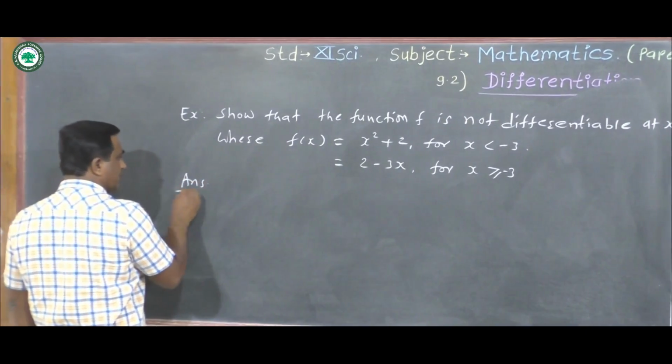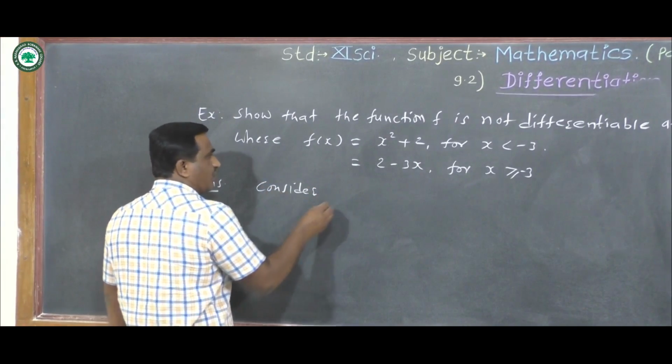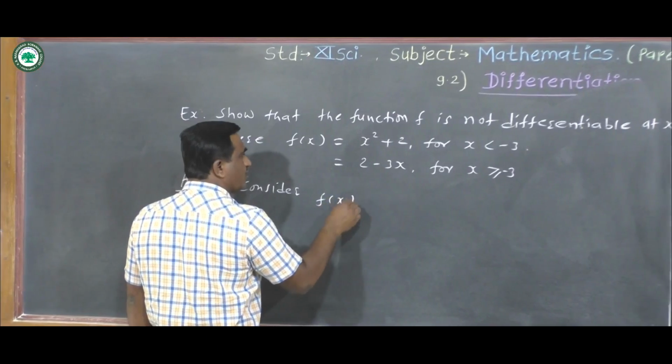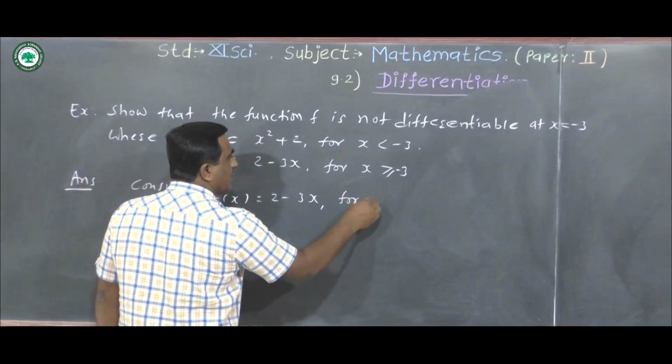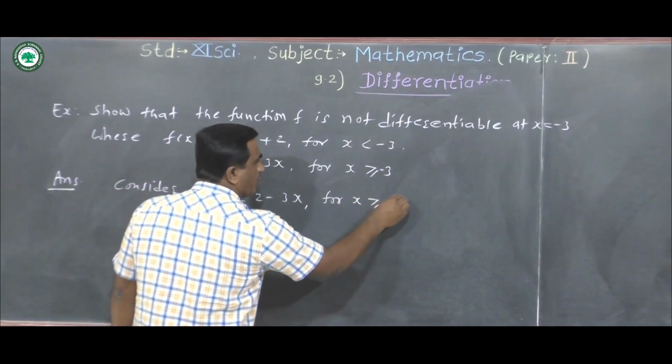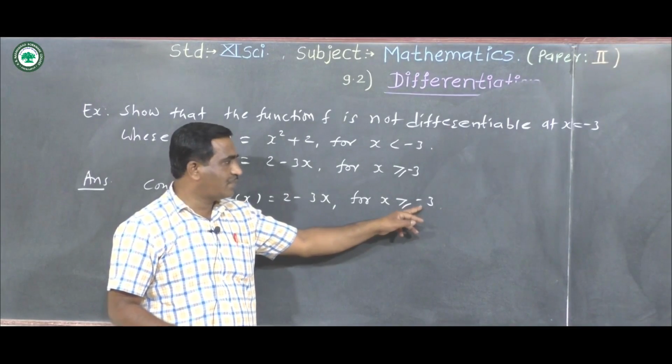Answer: consider the function f of x is equal to 2 minus 3x for x greater than or equal to minus 3, that is, here x is equal to minus 3.